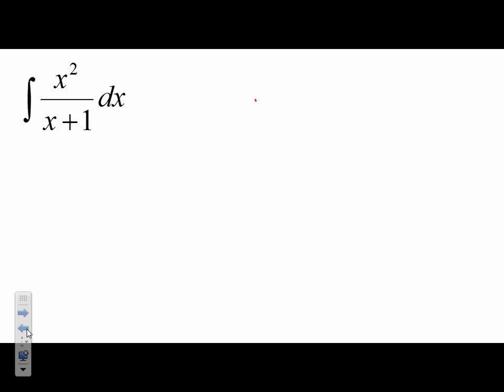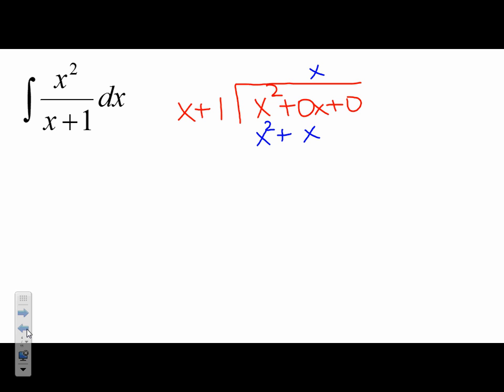which means division is possible. Okay? So let's divide these. X times what is x squared? Divisor times x goes here, and what do we do with this?